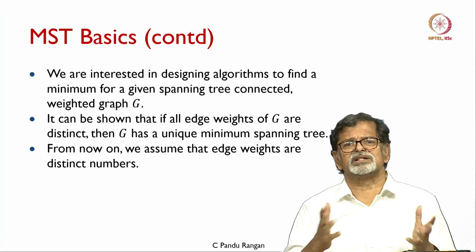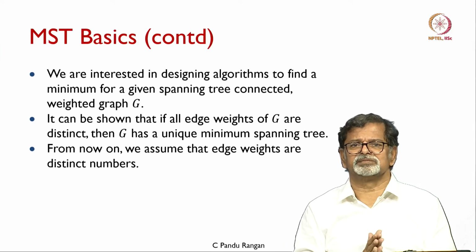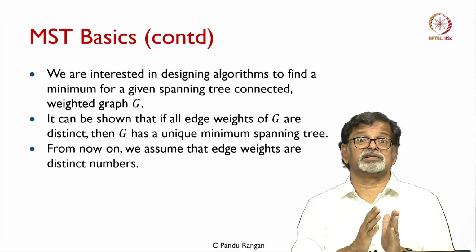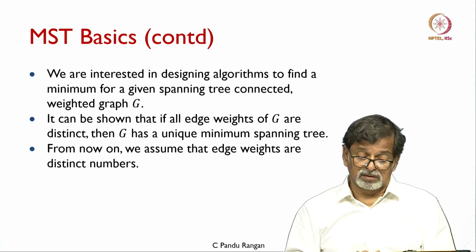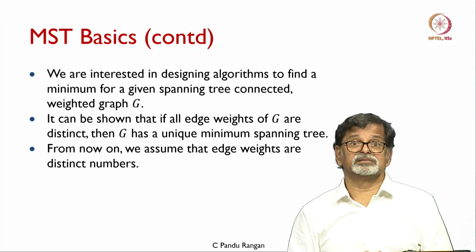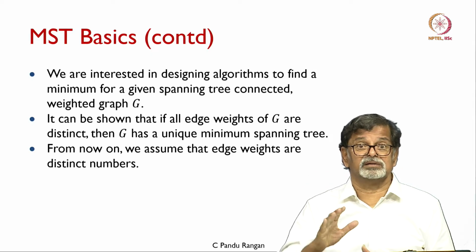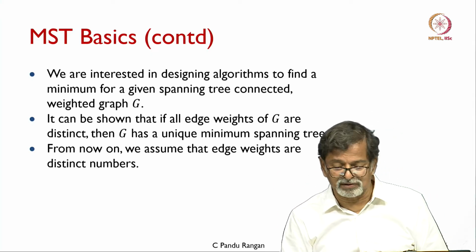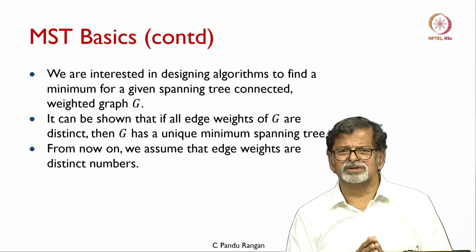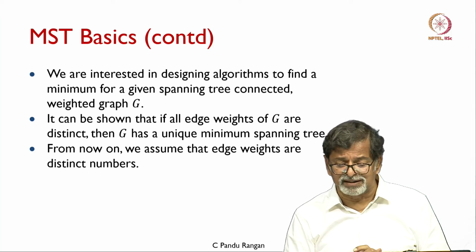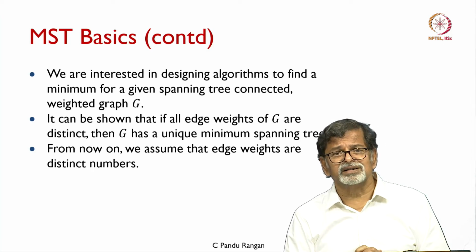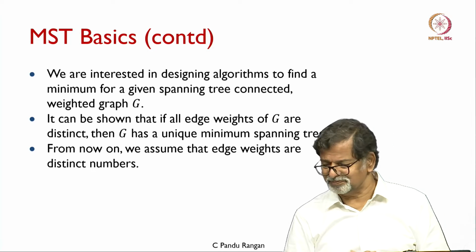Otherwise, there can be several minimum cost spanning trees. If the edge weights are distinct, there will be only one minimum spanning tree. So, we assume without any loss of generality that all the edge weights are distinct.